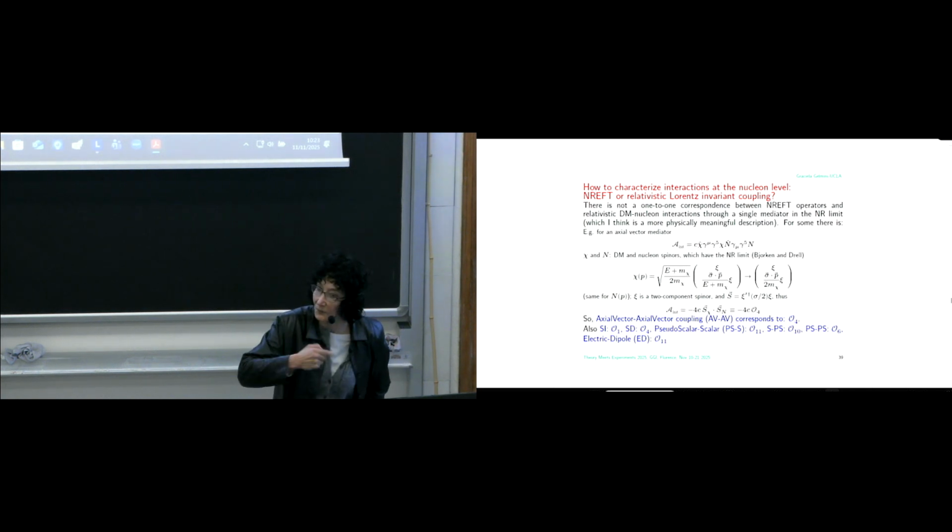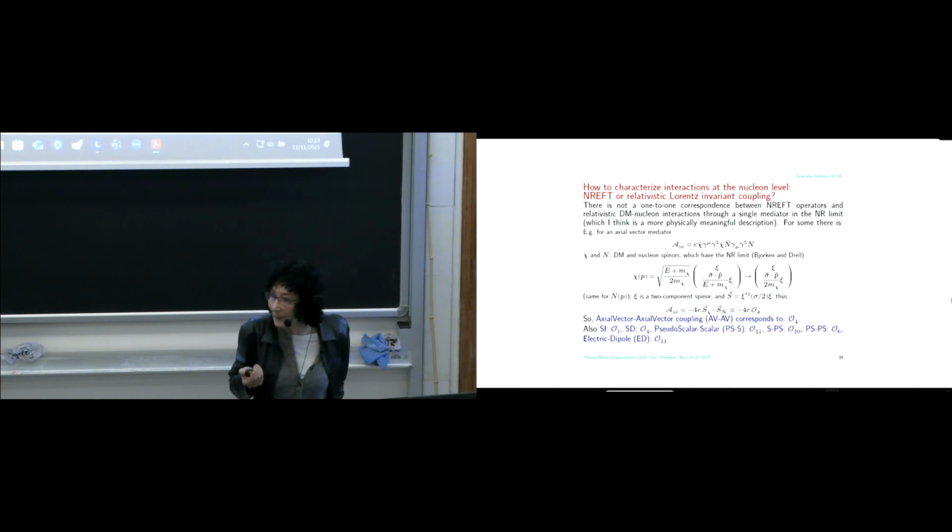However, you can start from the relativistic Lorentz invariant, which is what I used before with gammas, gamma mu, gamma 5, and so on. This is how we operate in particle physics, right? With the Lagrangian, relativistic, and then we take the limit.